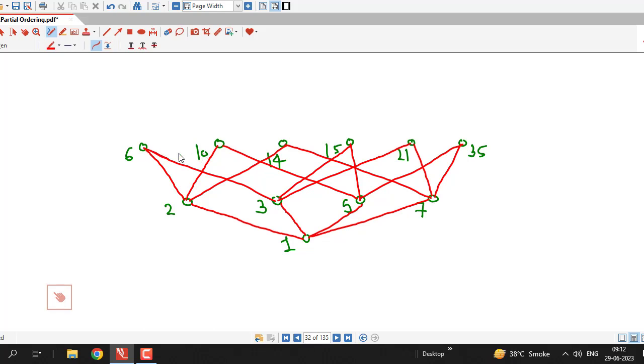So each of these elements 6, 10, 14, 15, 21, 35 covers 2 elements. 6 covers 2 and 3, 10 covers 2 and 5, 14 covers 2 and 7, 15 covers 3 and 5, 21 covers 3 and 7, 35 covers 5 and 7.